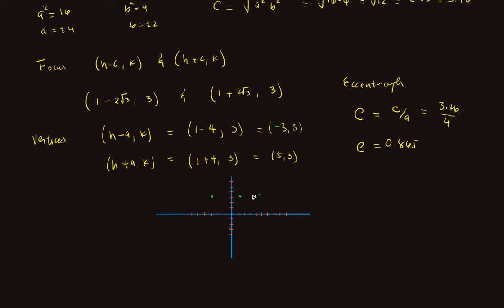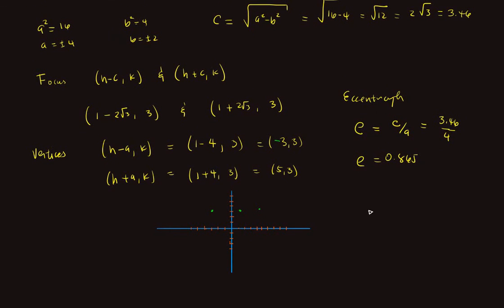Okay, this is a semi-axis, the distance from the center. We need to find the focus. Did we find the focus a moment ago? It was 3.46. Let's scroll up so we can see the number.